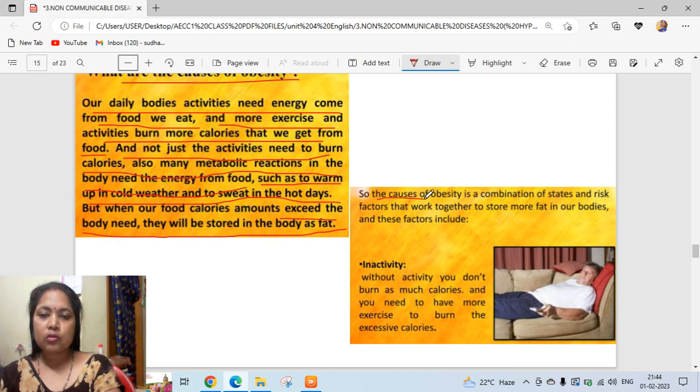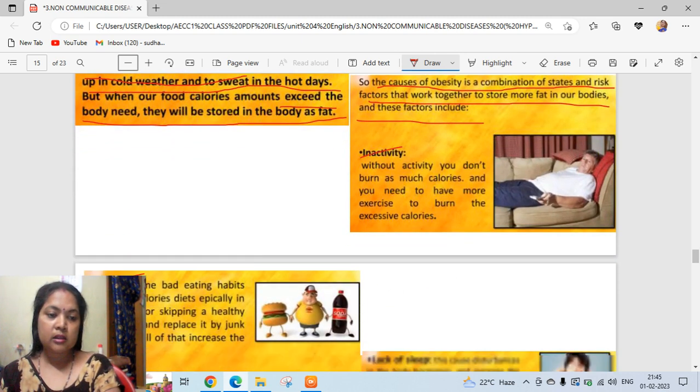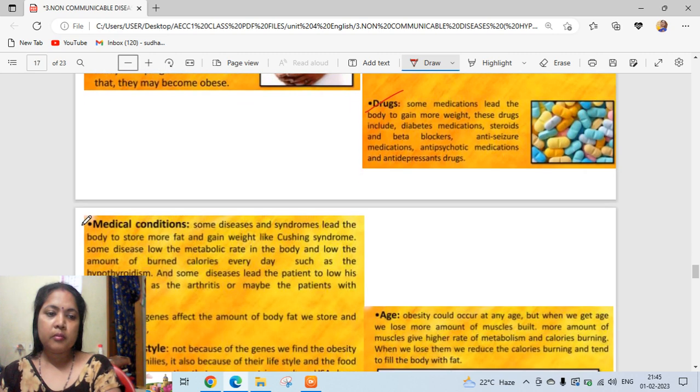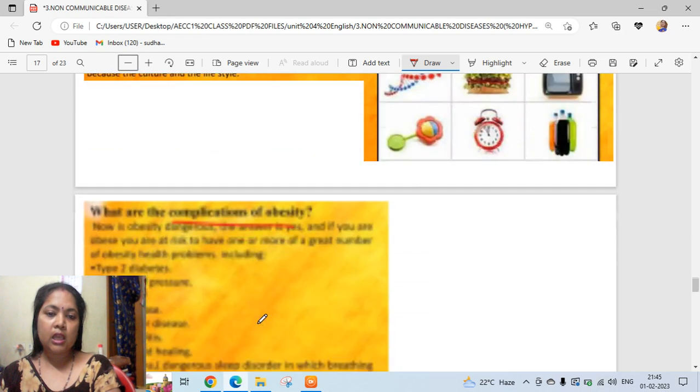So the cause of obesity is a combination of states and risk factors that work together to store more fat in our bodies, and these factors include inactivity, then diet, then lack of sleep, pregnancy, drugs, medical conditions, genetics, then family lifestyle, then age.